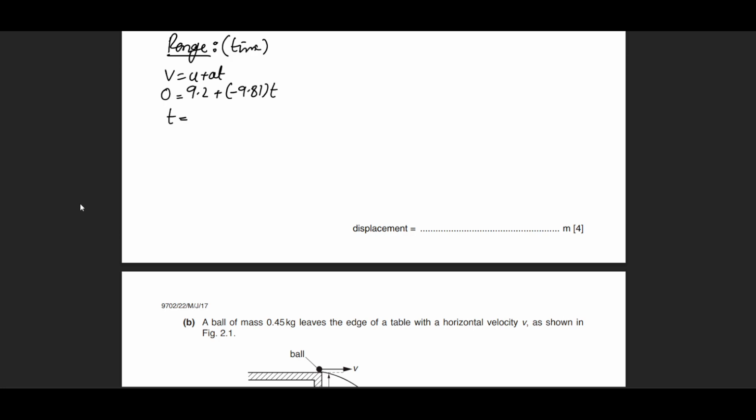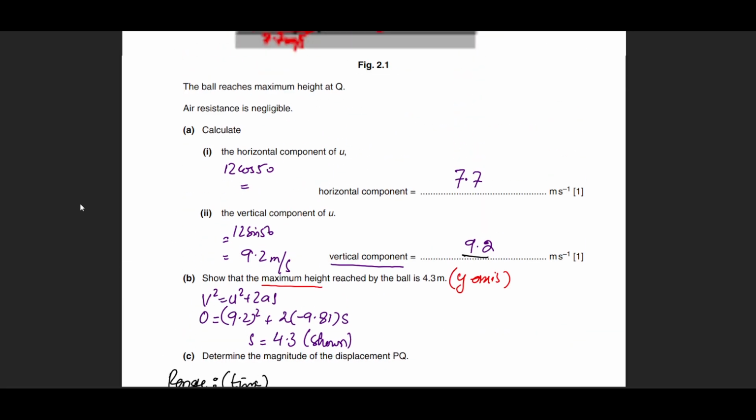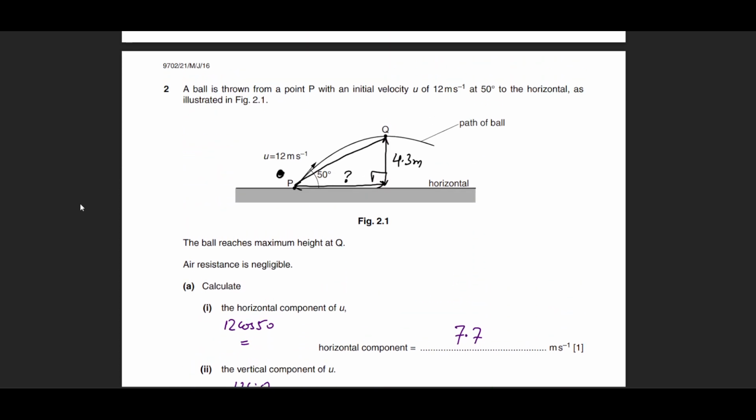So t is equal to, again, 9.81 comes to this side, becomes negative, negative, negative cancels out, so we don't have to worry about that. The answer of time comes out as 0.937, so I'm going to round this off to 0.94 seconds. So it took 0.94 seconds to start its journey from this point and land eventually at this point.